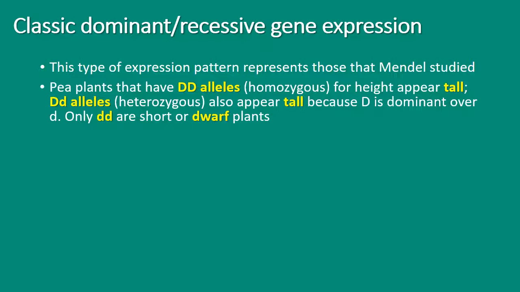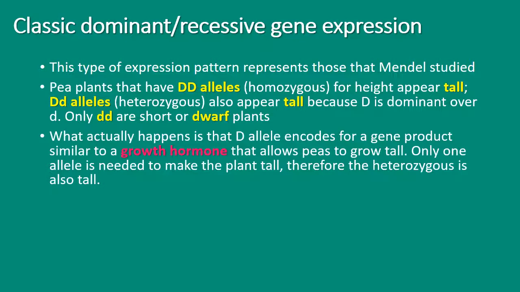You can be heterozygous, with one dominant and one recessive allele, and it's going to look phenotypically the same as a homozygous dominant, so it's also going to be tall. And then if you have homozygous recessive, meaning you have two of the mutant alleles, then you're going to have a different phenotype, and so you'll have the dwarf plant. So you only have the dwarf plant if you have a homozygous recessive situation.